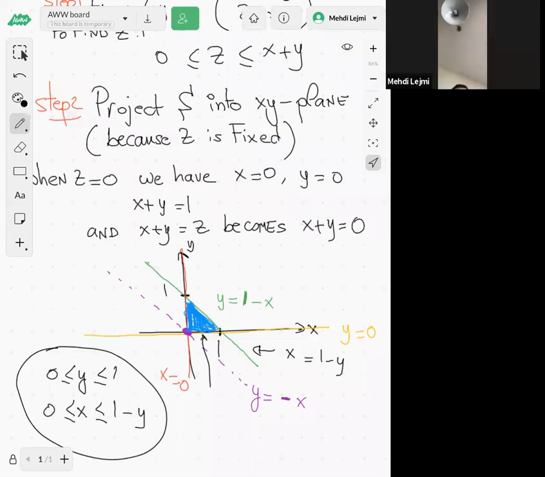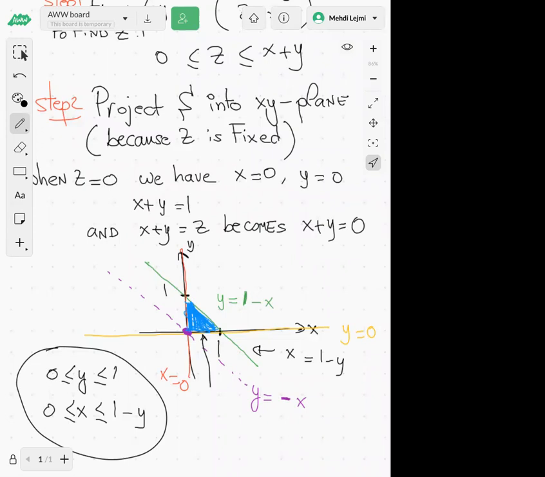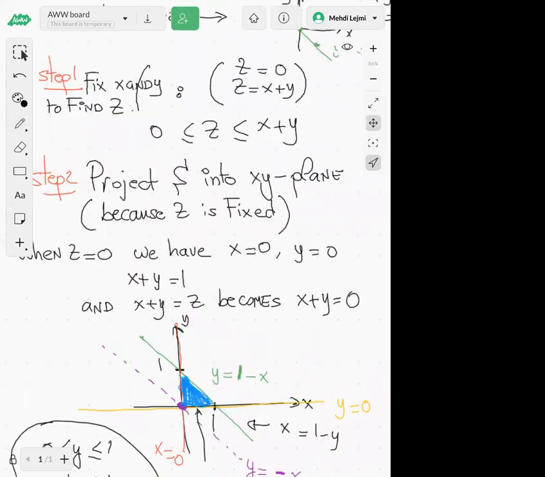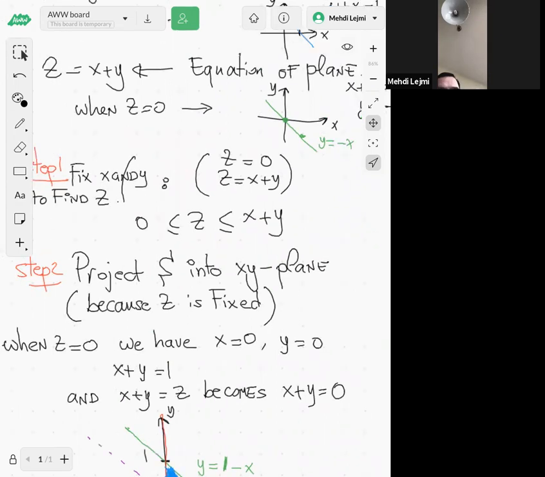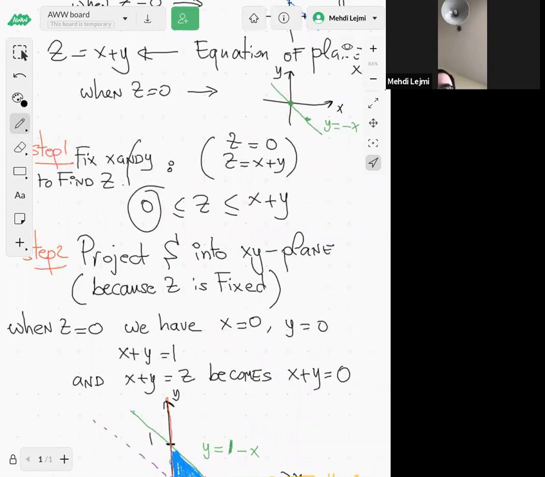So in general, what you do, guys, first step, you fix, let's say, x and y. So it means you have to find z. Just write down the equations of z. So you have z equals to 0, and z equals to x plus y. So those will be the bounds. Now, second step, you have to project your solid into the xy plane. Because I fixed x and y in the first step, I got my z.